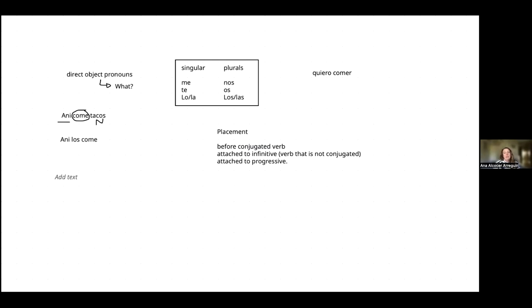And it could go before the conjugated verb. We have a conjugated verb, so it could go before that or attached to the infinitive because we have an infinitive. So if I put it before the conjugated verb, it's Ani los va a comer. If I put it attached, it would be Ani va a comerlos. You have to choose one or the other.